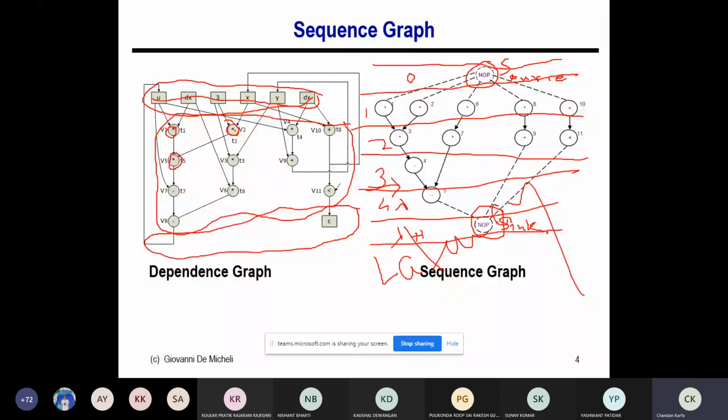Latency is basically the time or the number of clocks needed to execute a behavior. So you give an input, and then you get the output. That difference between giving the input and obtaining the output corresponding to that input, that time difference, is called latency.